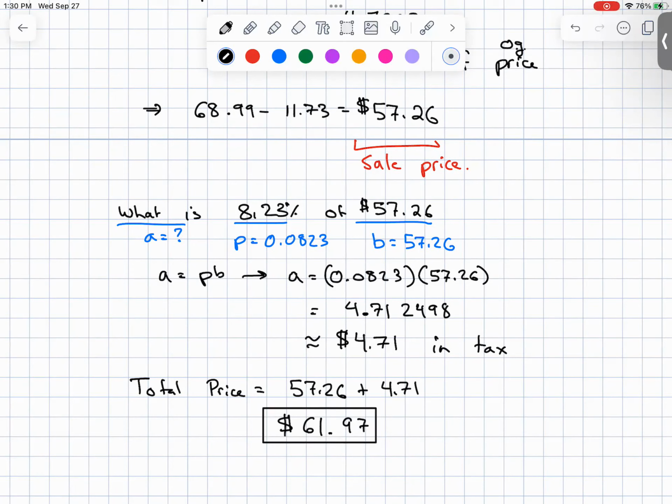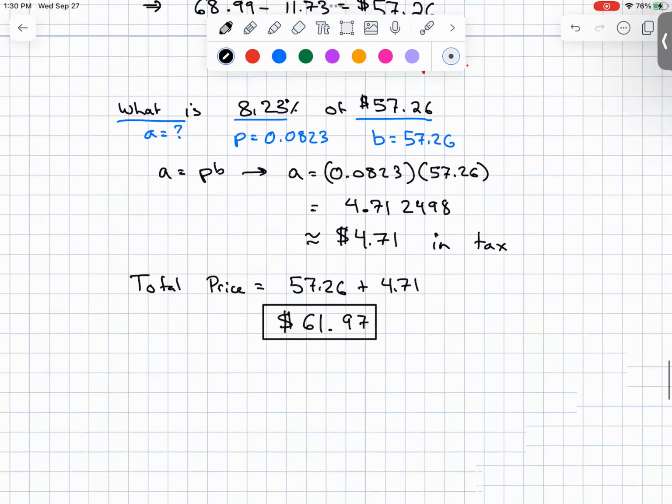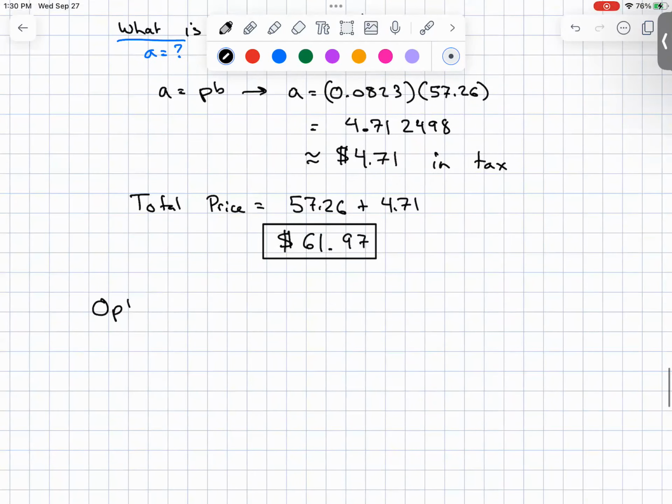That was a very, very long-winded way of doing it. You first had to find the amount of the sale, the amount of the tax, and then deduct it or add it, depending on whether it was the sale amount or the tax amount. So that was a long-winded process when you could do it a different way. Option 2.